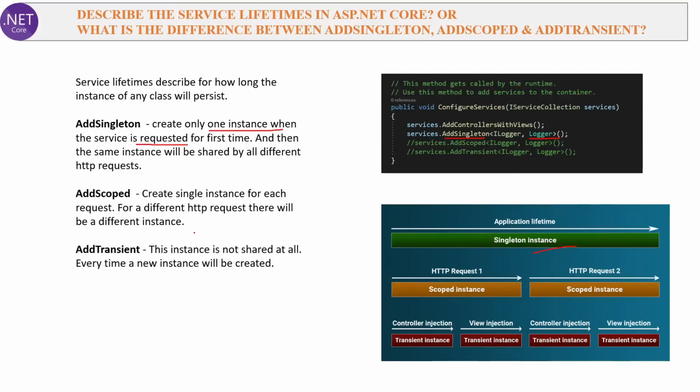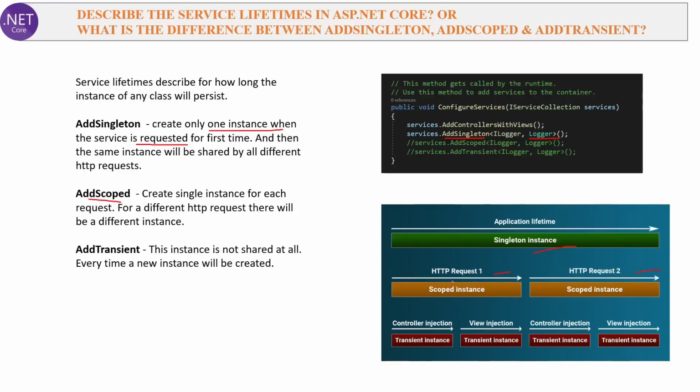On the other hand, the second type of method is AddScoped. Sometimes you want a single instance for just a single request. So in a single request, the instance will be shared, but the other request will not share that instance. To achieve this, you can use the AddScoped extension method like this.